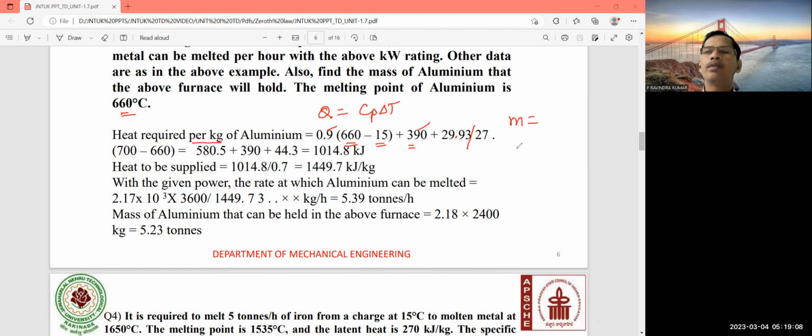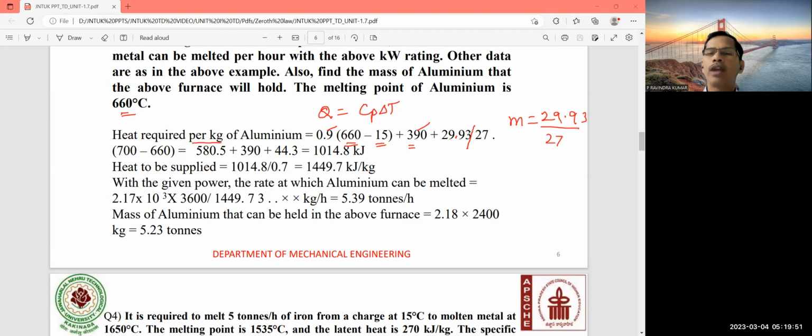The aluminum exists in the solid state and also the liquid state. Here 29.93 divided by the atomic weight, that is 29.93 per atomic weight, and the atomic weight is 27, right?